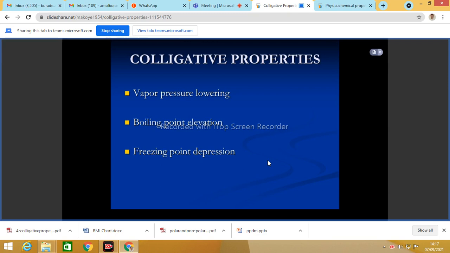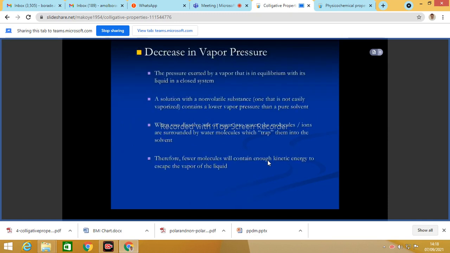Now the water will freeze at -1, -2, -3, -4, like that. Its original freezing point got depressed, lowered. It would be less than 0.